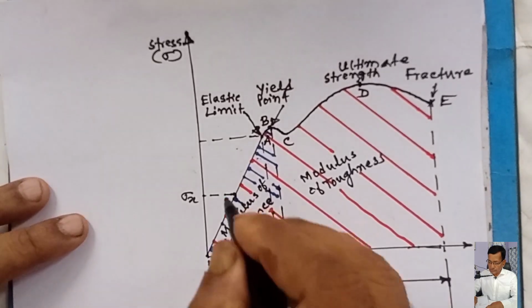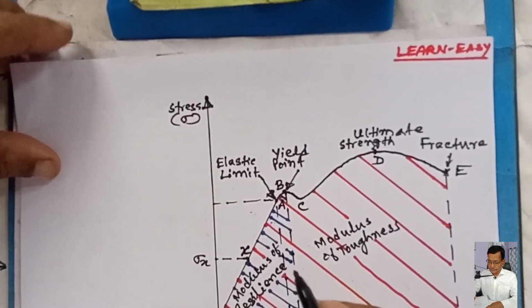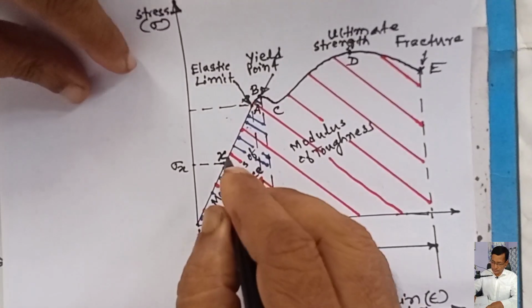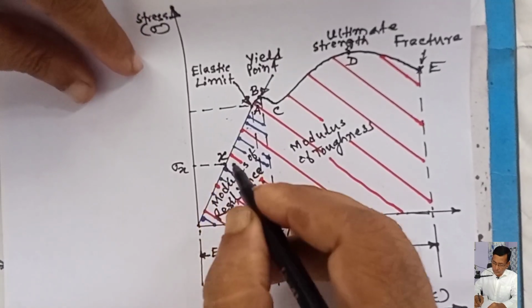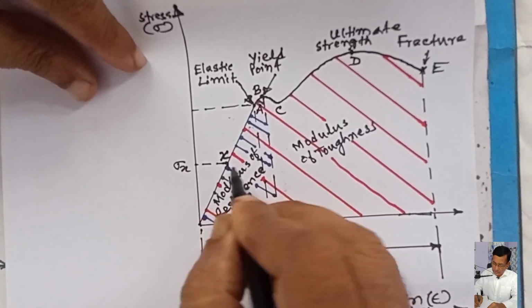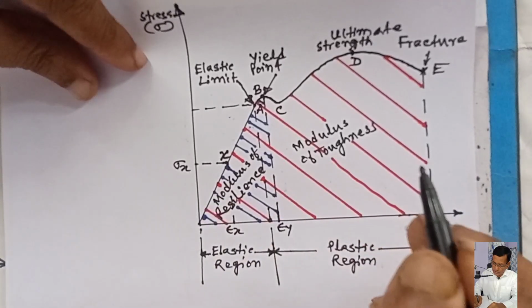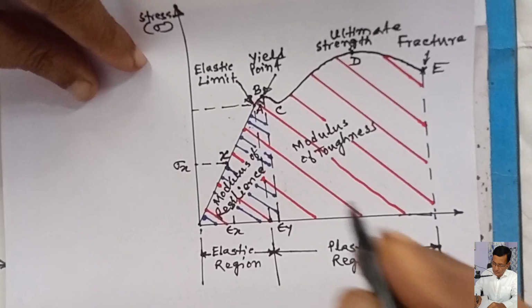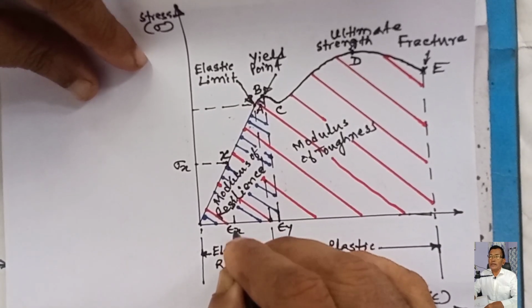Now, at point X, stress is sigma x and strain is epsilon x.